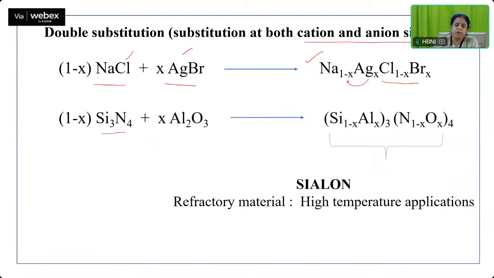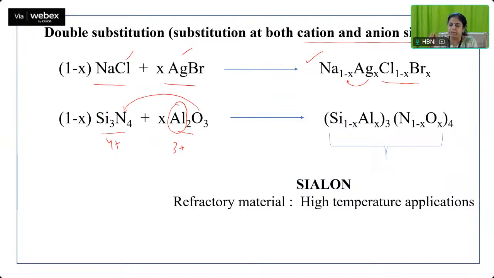Similarly, Si3N4 and Al2O3. You substitute, they also form solid solution in the entire range. You substitute Al3+ for Si4+, so you have reduced one positive charge. But when you replace the nitride ion with the oxide ion, you similarly reduce the negative charge by one.